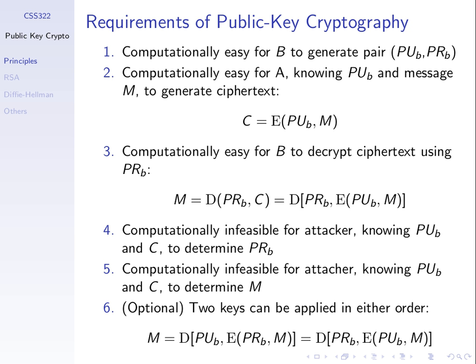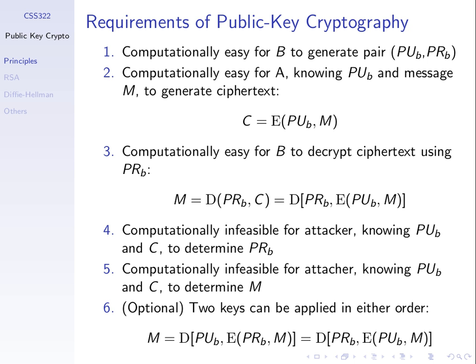As an optional requirement, it's not needed, but some algorithms meet this requirement: we could apply the keys in opposite orders. That is, we've said here, if we encrypt with a public key, we can decrypt with the corresponding private key. But it would be nice sometimes to do it the other way. If we encrypt with the private key, we can easily decrypt with the corresponding public key.